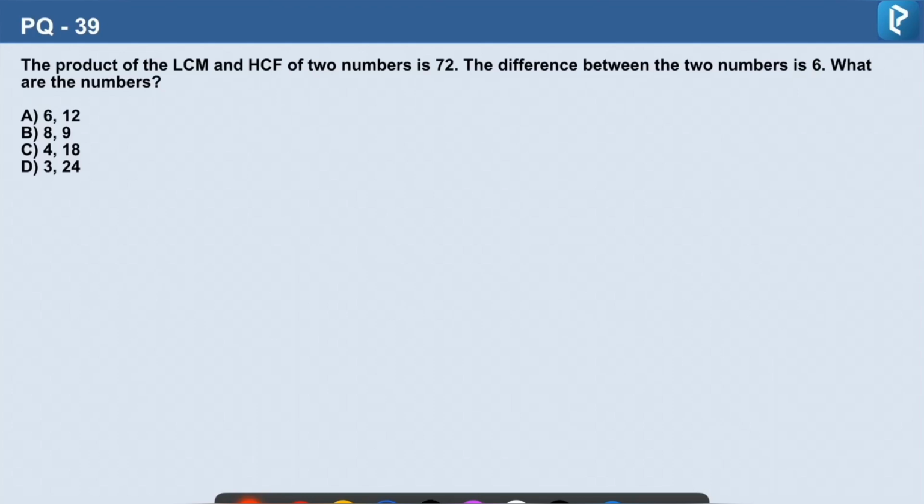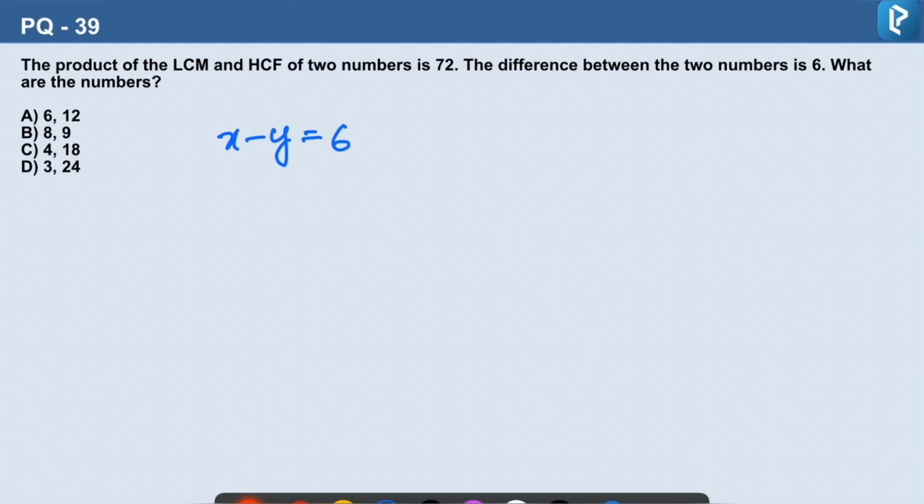So let us assume the numbers as x and y. x minus y is equal to 6.